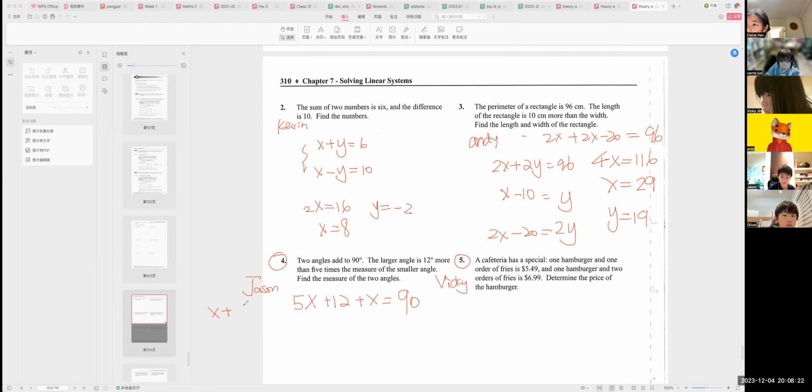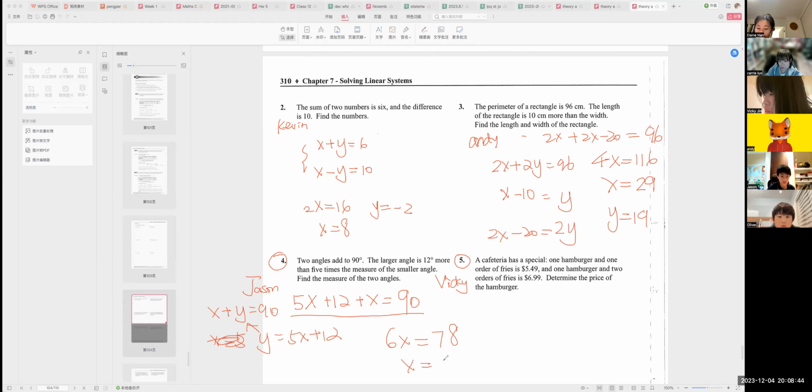Okay. So Jason using this one. Jason, how about you using two variables? So x plus y equals 90, right? The larger angle is 12 more than 5 times. So x equals 5. Okay, you can say y equals 5x plus 12. Right? You replace with this one, then you get Jason's. So 5x plus 12 plus x equals 90. So 6x equals 78.